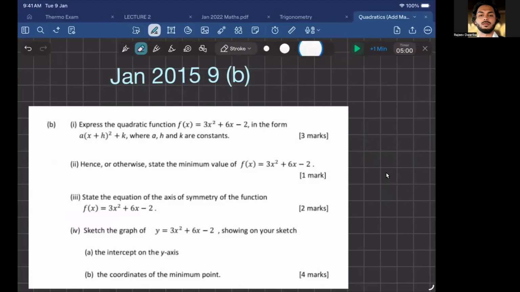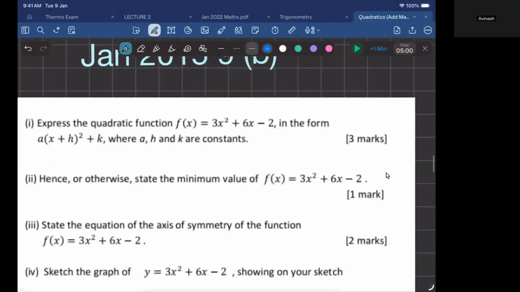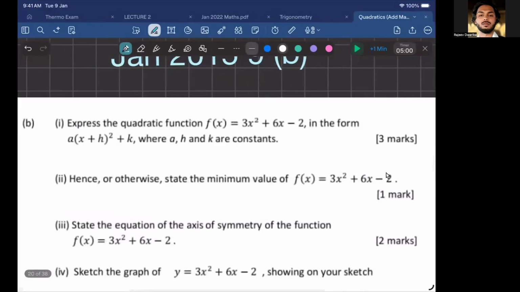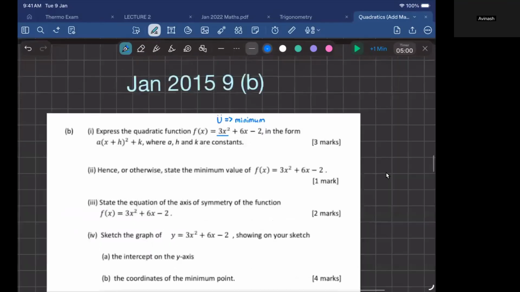If we look at our function that was given to us, is the coefficient of x squared positive or negative? Positive. So that means our graph would look like a happy face, and that would mean it's a minimum. Great.